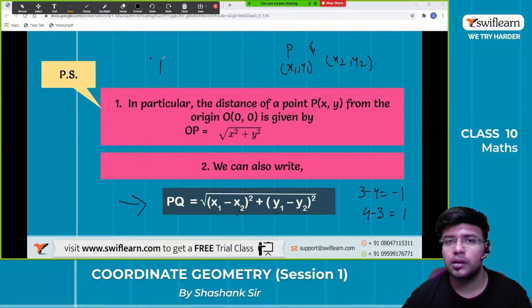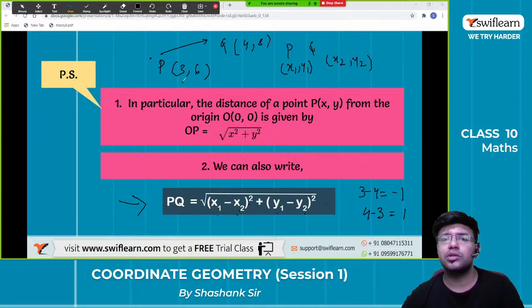For example, let us take the point P as (3, 6) and point Q as (4, 8). This is x1, this is x2. This is y1, this is y2. Now check x1 minus x2. 3 minus 4, how much is that?